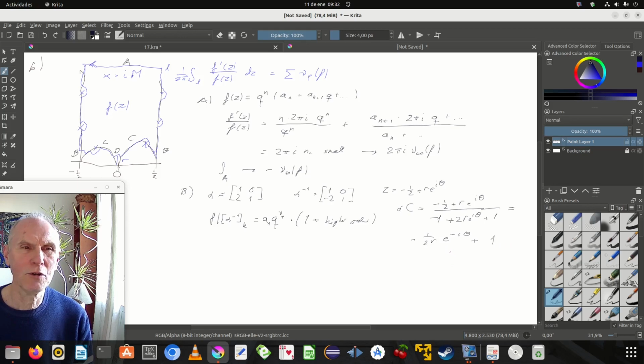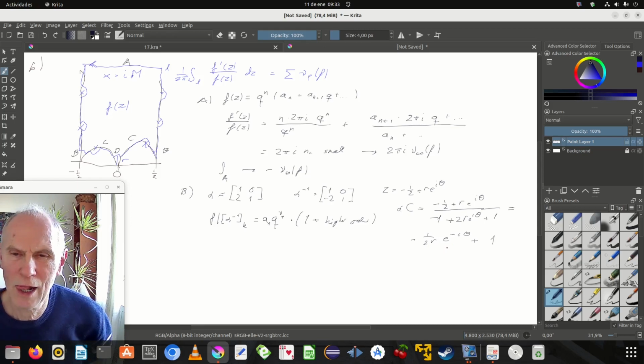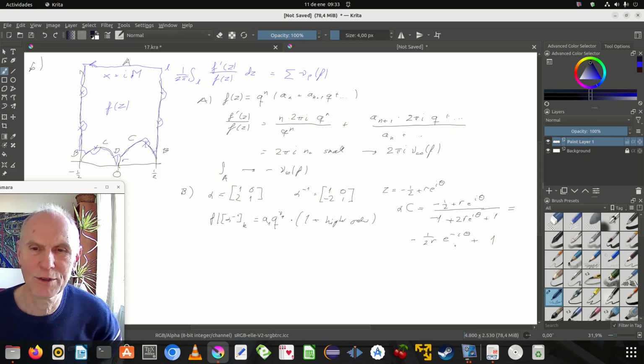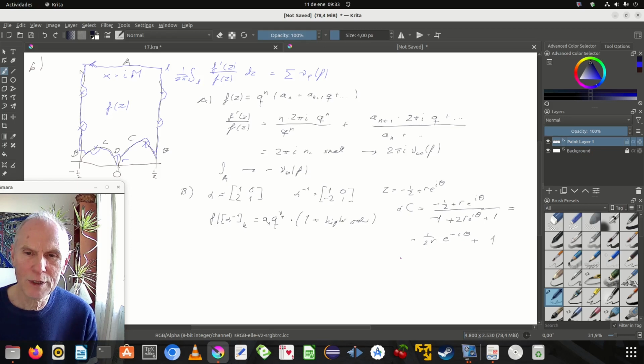This makes no sense. Or maybe it does. When r tends to infinity, then this will tend to pi halves, meaning it will go like, what will it go like?